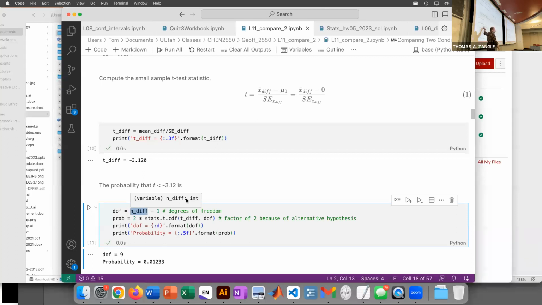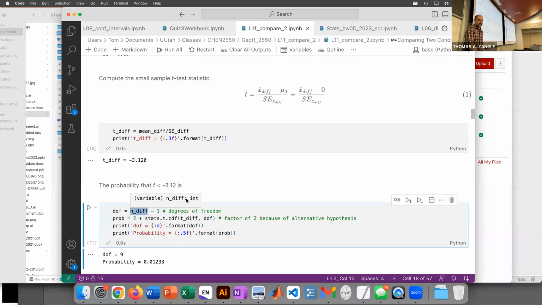That's the total number of differences that we have, which in this case is 10, minus 1, and that is going to give us our degrees of freedom. This is the same as it has been so far, so nothing has changed yet, but I'm pointing this out to you because it will change in the next example that we're going to look at, okay?